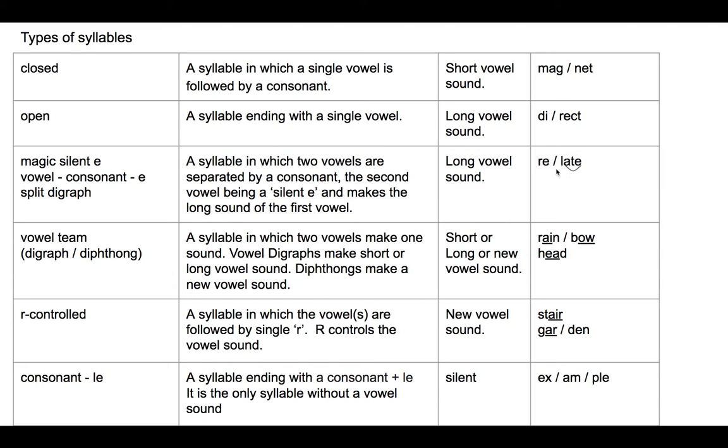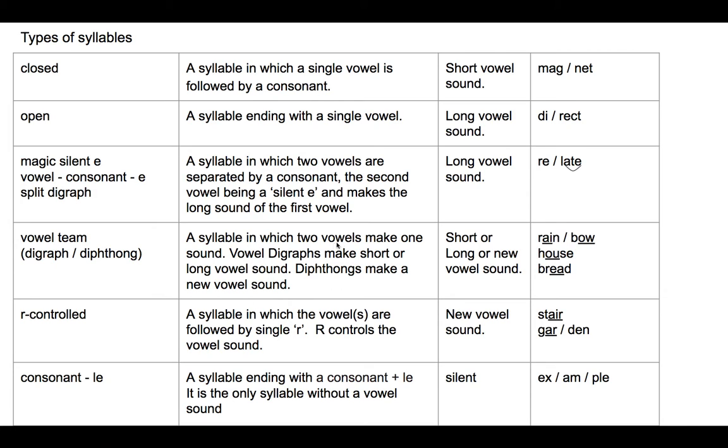So this syllable is called a magic silent E syllable or a vowel consonant E syllable or a split digraph syllable, and this first syllable is called an open syllable because it ends with a single vowel. Vowel teams could be a digraph or a diphthong. Digraphs make a short or long vowel sound, whereas diphthongs make a new vowel sound.